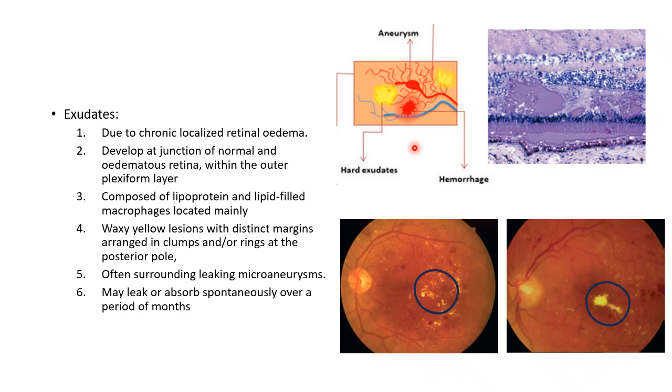So they are often found near these leaky blood vessels. And this histological picture is showing you eosinophilic deposits in the outer plexiform layer, right? That's just the histological section of the retina. And you see here, these are some dot blot hemorrhages also, nearby.